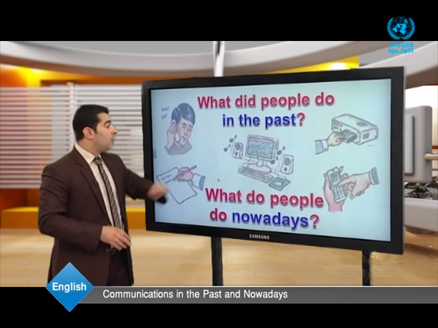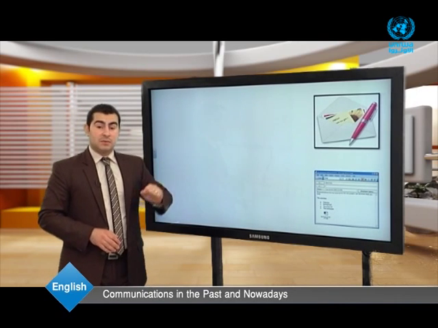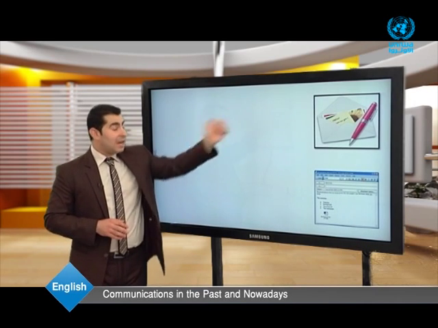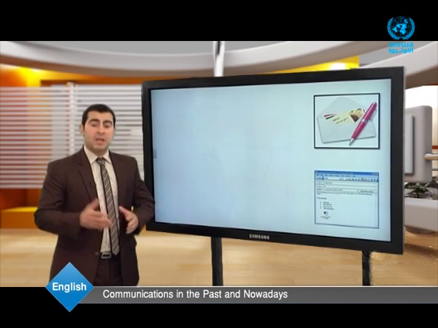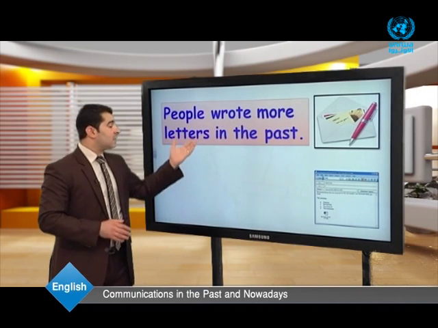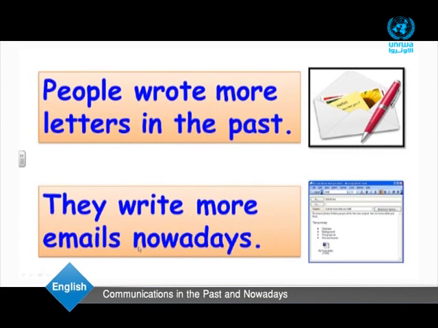Okay, dear students, let's go. We have 2 things. What are they? Excellent. This is a letter and this is an email. Let's read. People wrote more letters in the past, but they write more emails nowadays.